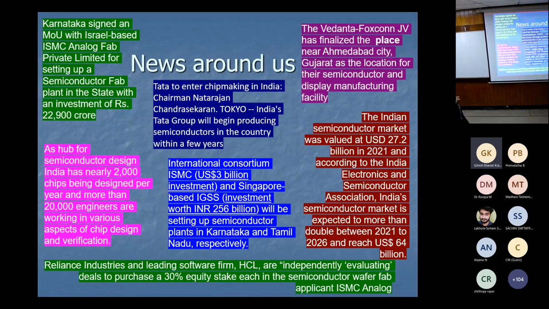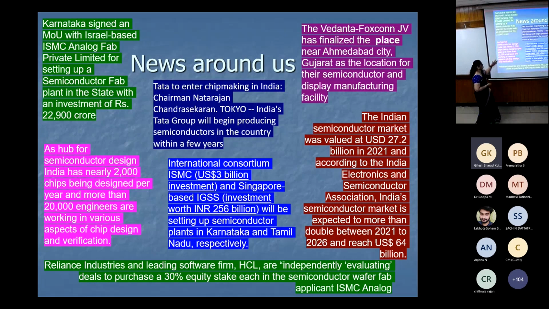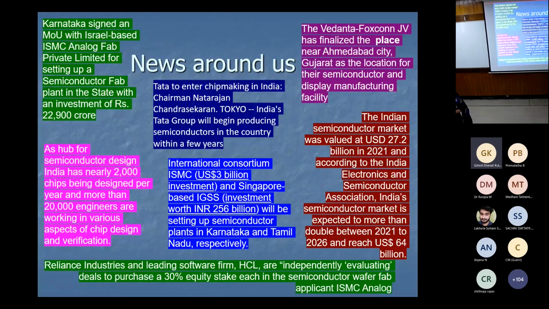And we see 20,000 engineers working on various aspects of design. If you see the cumulative requirement over the years, and if you want these 2 or 3 fabs running at full capacity, you can imagine the kind of designs which will come out of India in the near future, right?